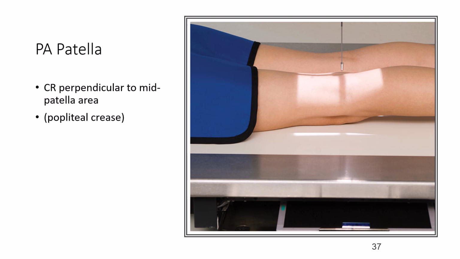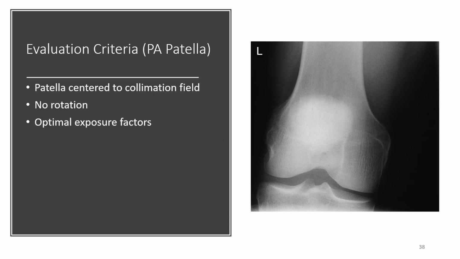The central ray is perpendicular, and you're centered to the mid-patella, which is typically the mid-popliteal crease, the bend of the knee at the back. If that is done correctly, then this is what your image would look like.